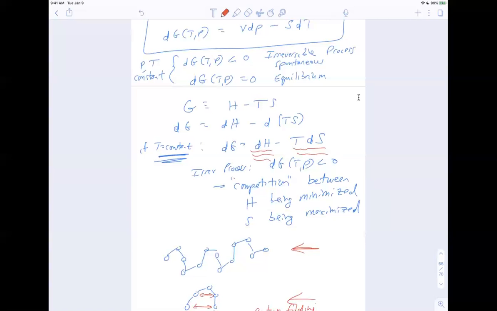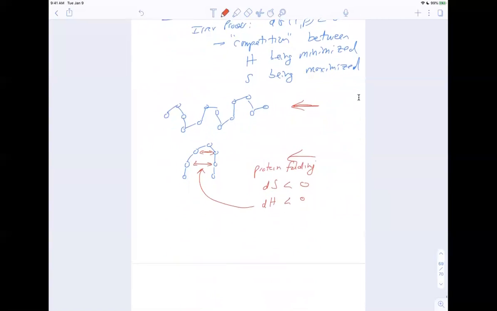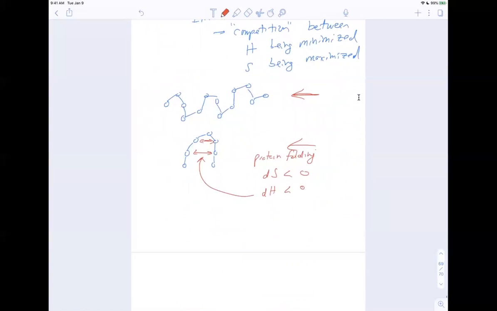So the minus TdS term, if dS is negative, would be a positive contribution to dG. But if that positive term is overpowered by the dH and the negativeness of the dH, overall dG would be negative, and you would have a spontaneous process occurring. Okay. The same thing happens for crystallization.